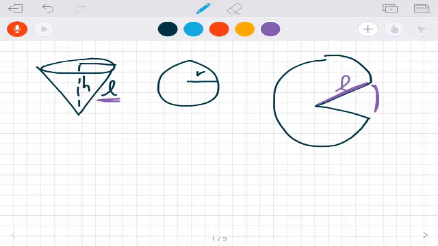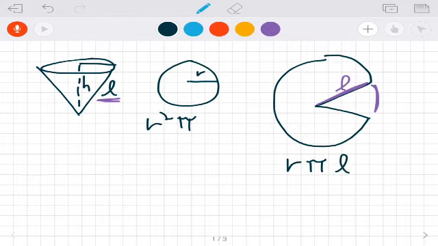So what we're actually going to do, first off, let's go back and we've got our r squared pi because we have the circle. And then over here, all we really have to do to get the surface area to get this Pac-Man shape is we're going to go ahead and use its radius times pi times the length. And that'll give us the area of this Pac-Man-ish figure.